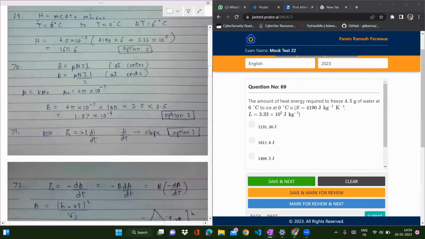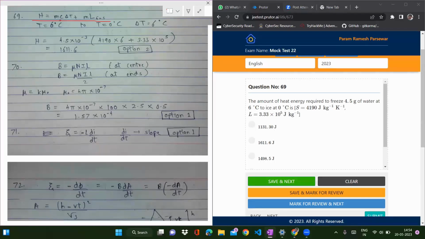So this is, we can say, the general expression for the heat absorbed by any material, where m is the mass of that material like water, C is the specific heat capacity, delta T is the change in temperature.